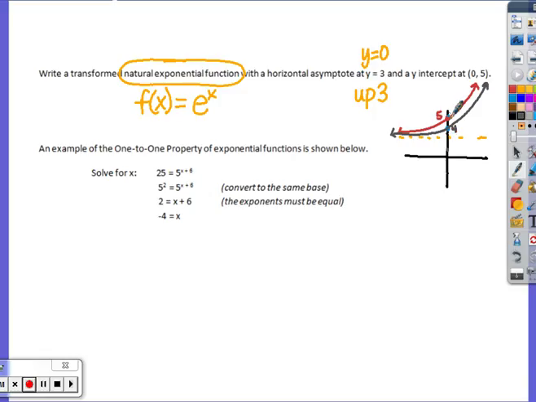And so we have to think, since we're stretching it up, we have to multiply by something. It was up by 1, but we stretched it up by 2, so that's where we're getting the multiple of 2. We're stretching it vertically by 2. I know that's still a little iffy. We'll practice it some more. So this right here tells us that we're going to have a vertical stretch by 2.